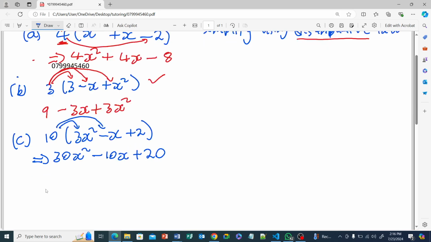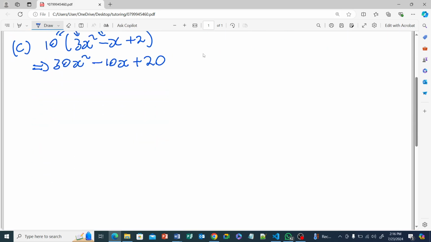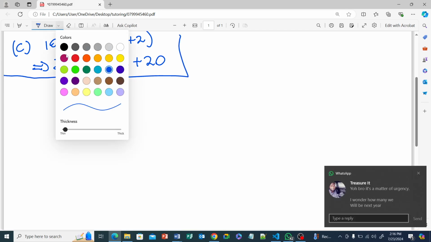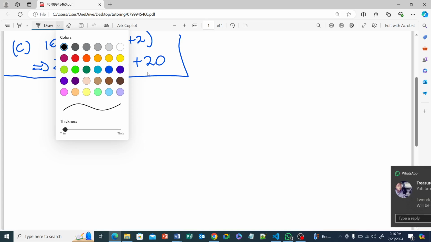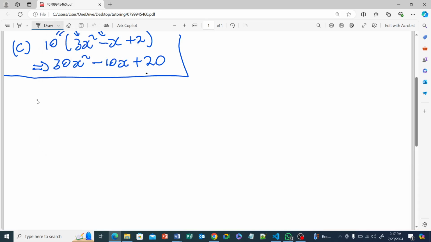Now when we move on, I also gave you a set of fractions to solve. We have x to the 6 minus x squared, over x squared.